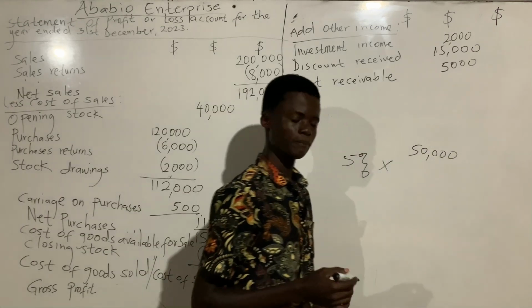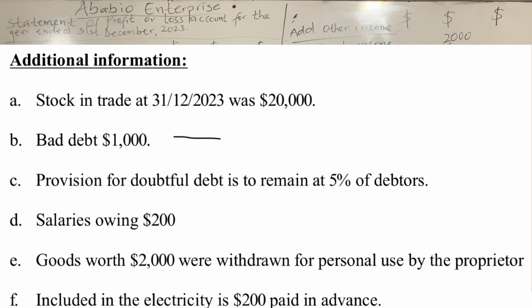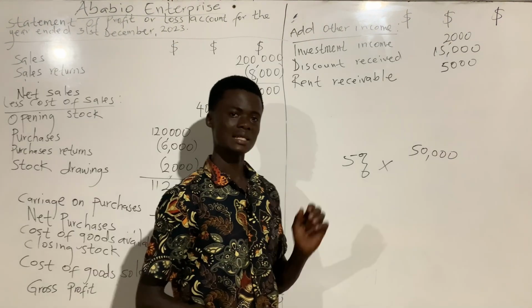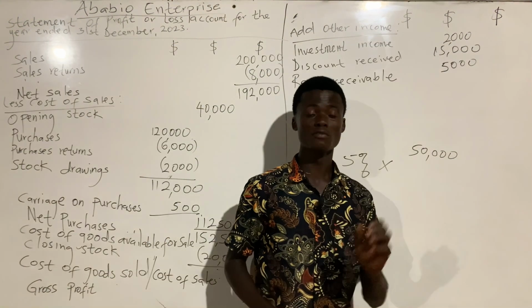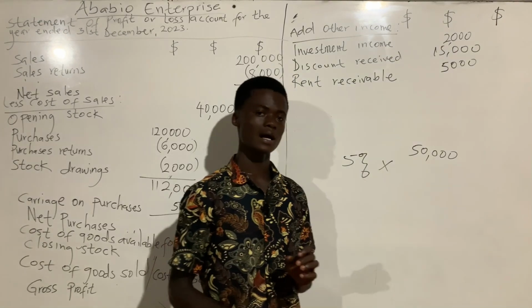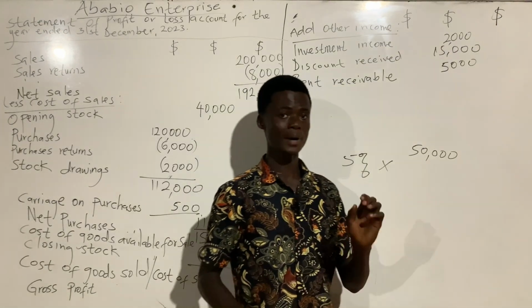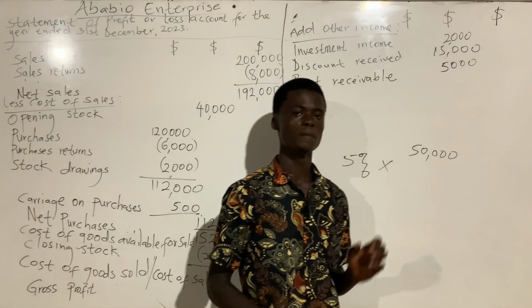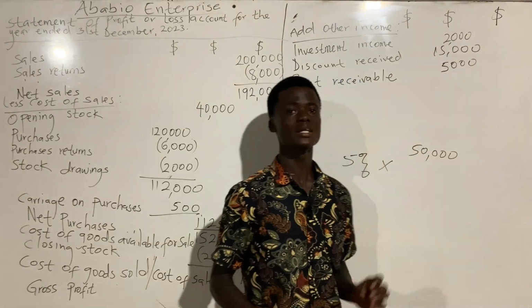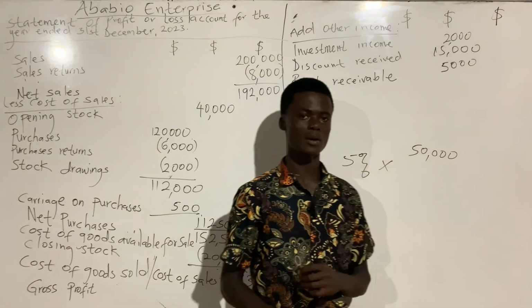But as we said, when there is bad debt in the additional information, then it means that before you calculate the provision for doubtful debt on the debtors figure, you need to first subtract the bad debt in the additional information figure from the debtors, and you calculate the provision for doubtful debt on the remaining amount.